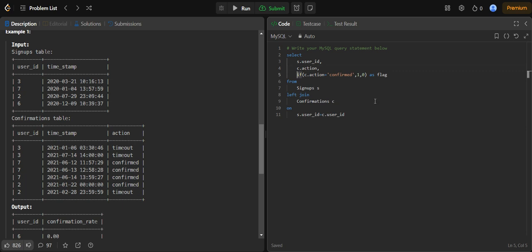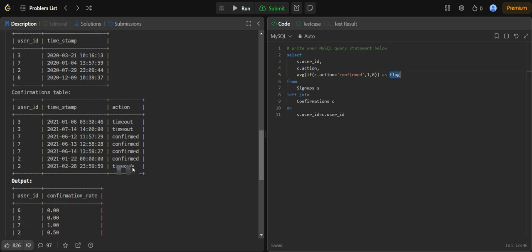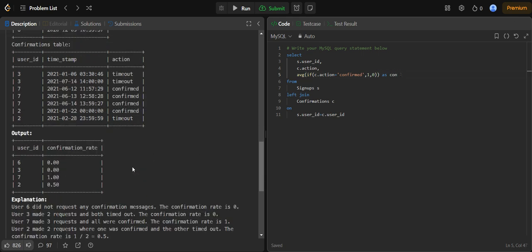So let me put the average here, and let me write the alias confirmation rate. Since I have put the average, I need to group by 1.